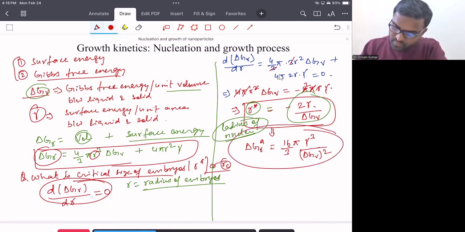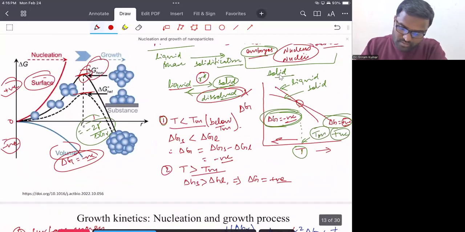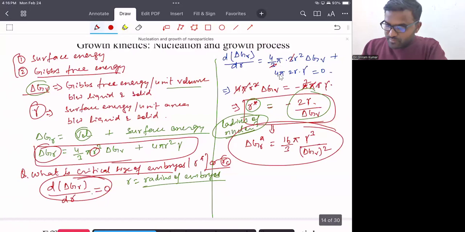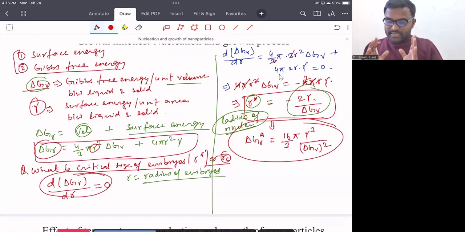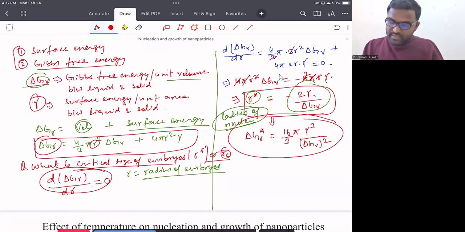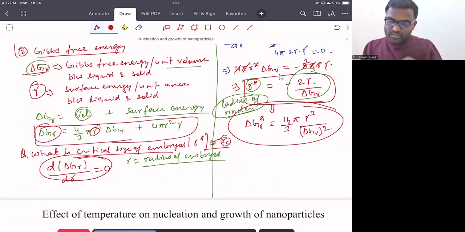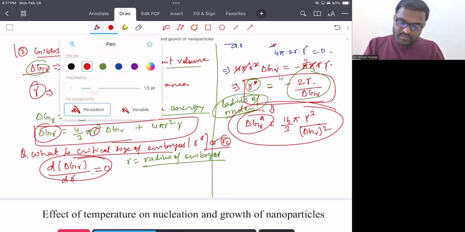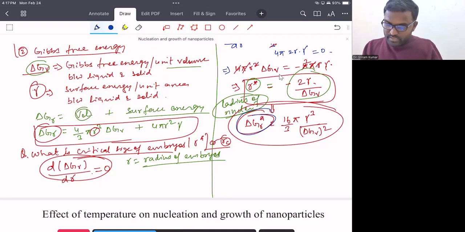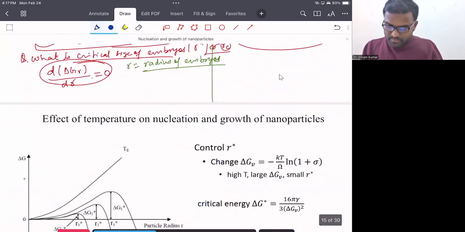This much amount of energy is the critical ΔG value. From this, we will know this much Gibbs free energy is there for the nucleation process, or we can say this is the energy barrier for the nucleation process. That is needed in terms of thermodynamics to understand the energy barrier and how that energy barrier will affect the nucleation process here.